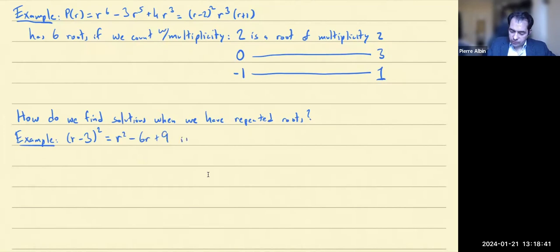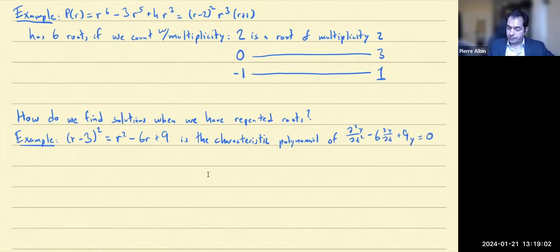So this is the characteristic polynomial of the second derivative of y minus 6 times the first derivative of y plus 9 times y equals 0.